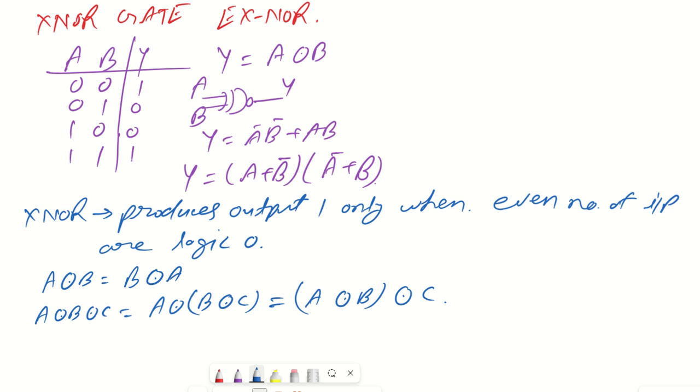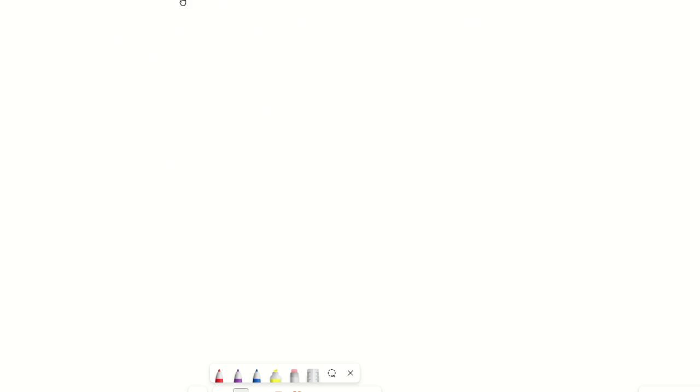Okay. Now let us talk about enabling and disabling an input.